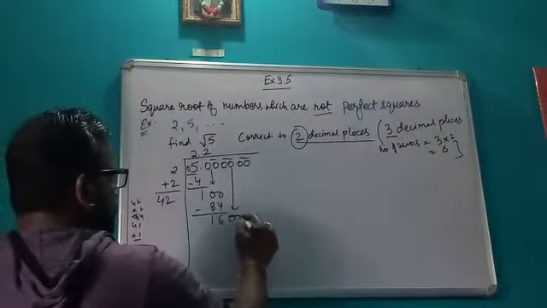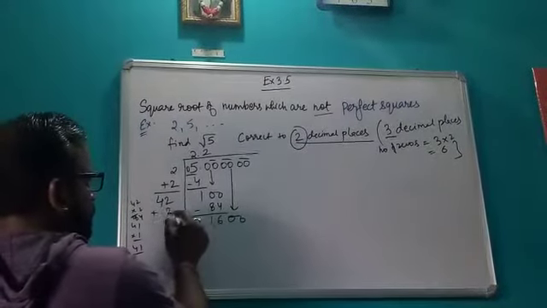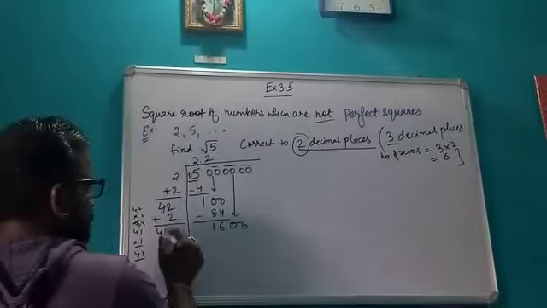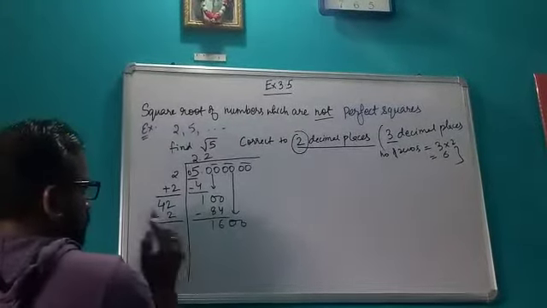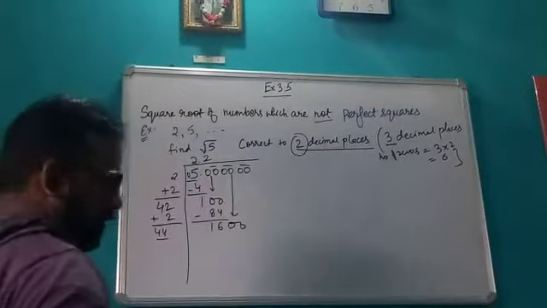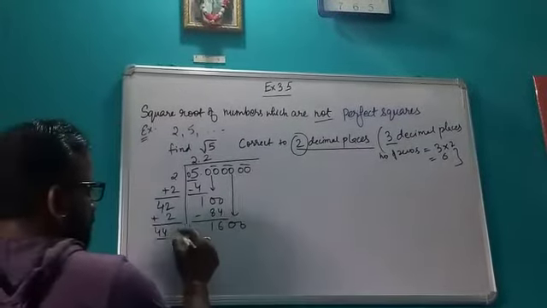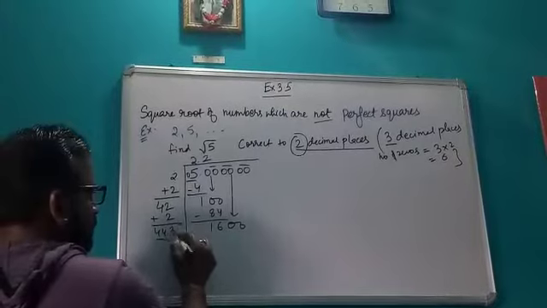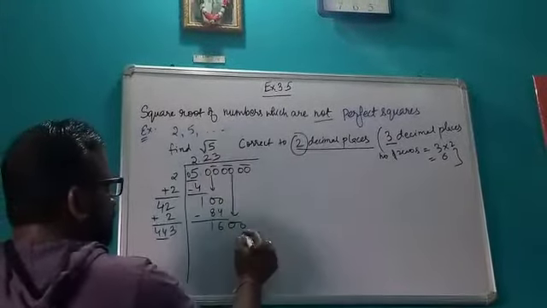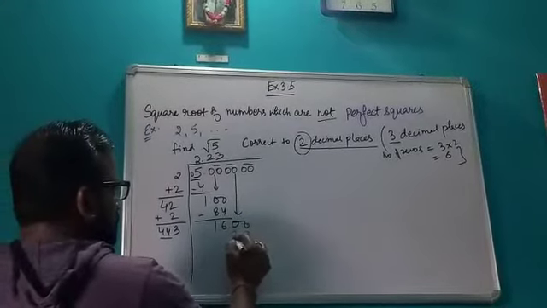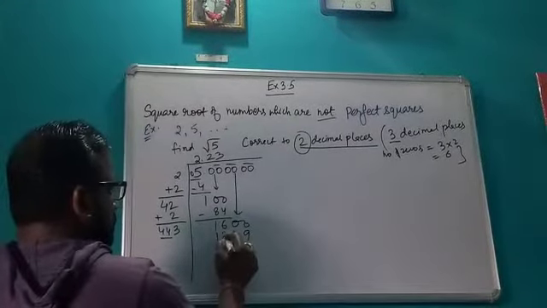Then we will bring one more pair and you will bring this 2 here, it becomes 44. So this will be our now values. Then what we will write? We will write here 3. So it is 3. 3 4s are 12.